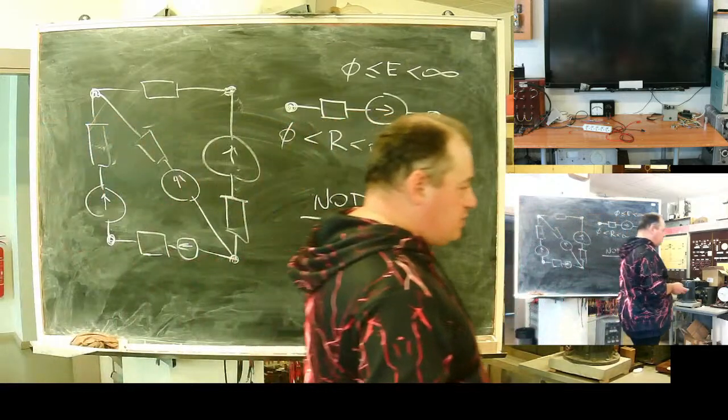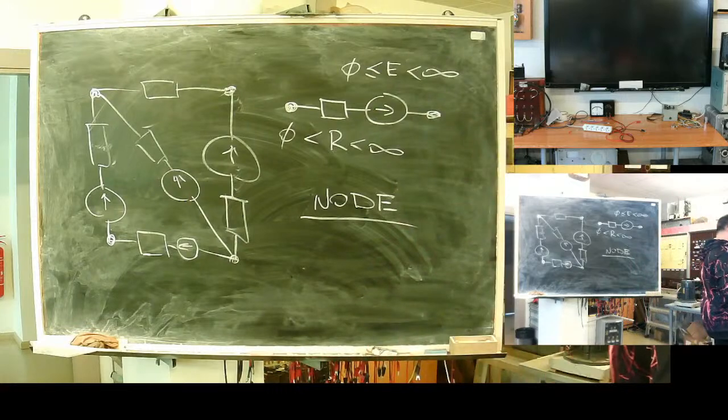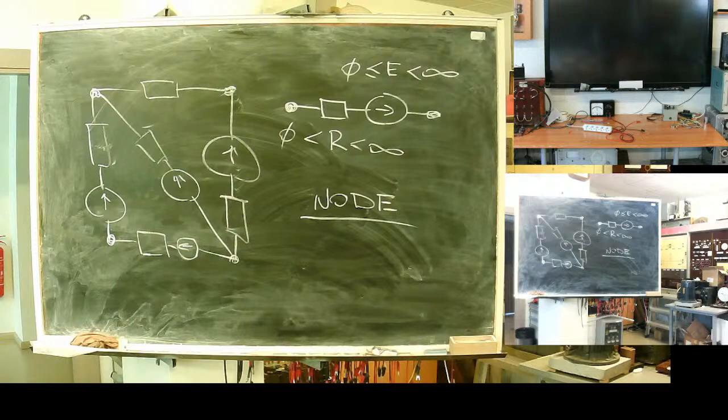A very popular definition is that a node is a point where three or more branches are joining together. It's wrong. Okay, a node is any point where voltage can be measured. It's good. For me it's good.